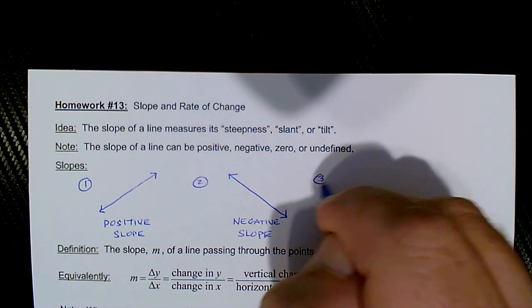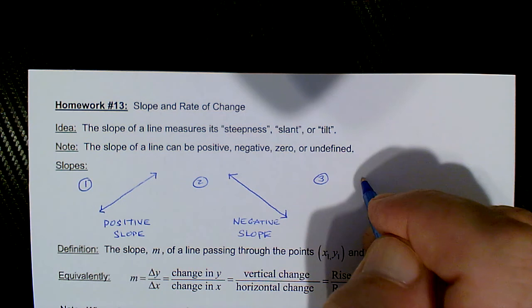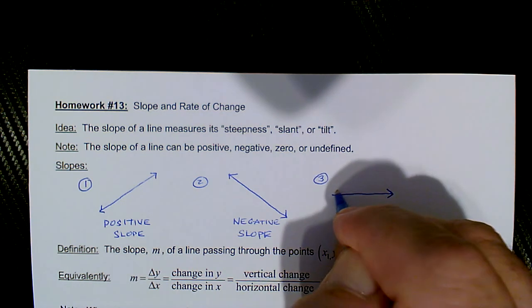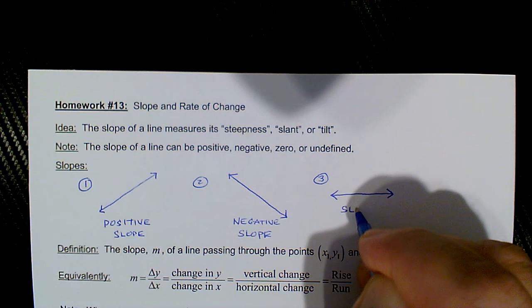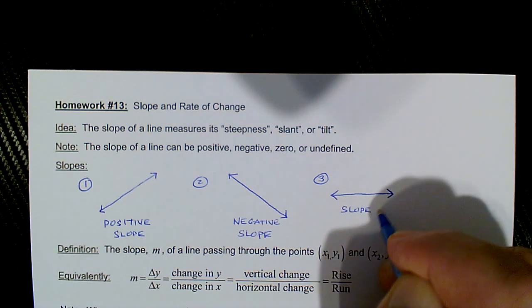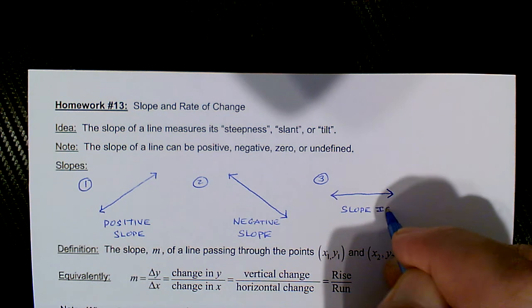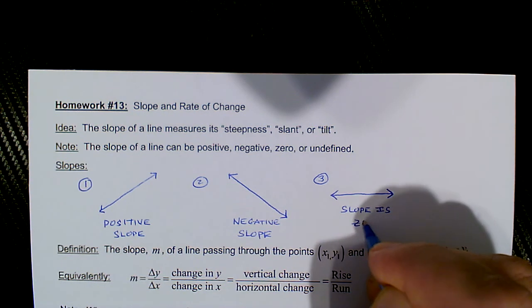And then the two special cases. We have the horizontal line, slope 0. So again, that's our special horizontal.